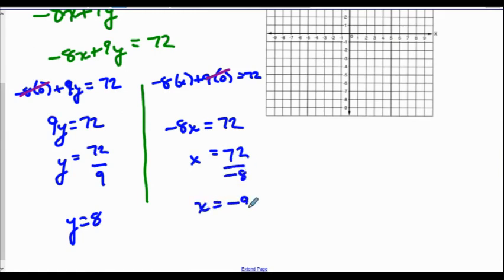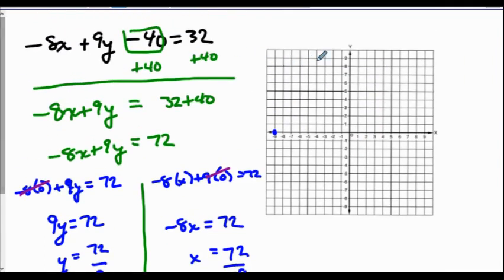X is negative 9. Okay, so x is negative 9 right there, and y is a positive 8. That's up there. Take my ruler, draw a beautiful line. And there we are.